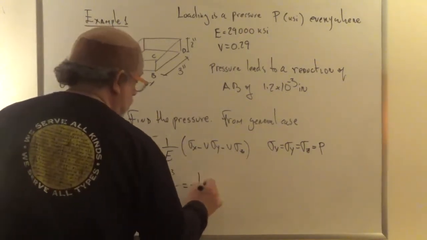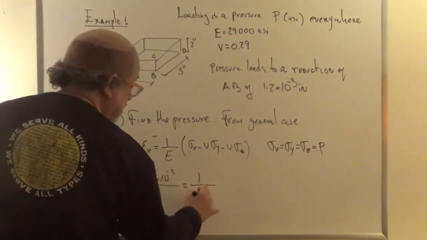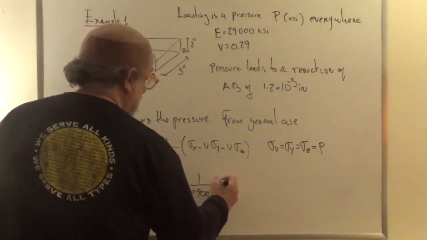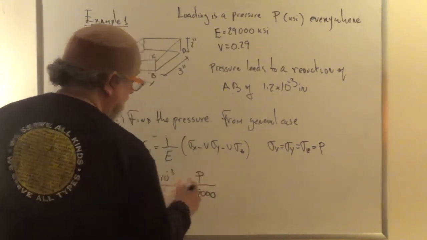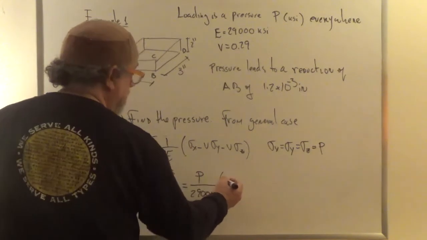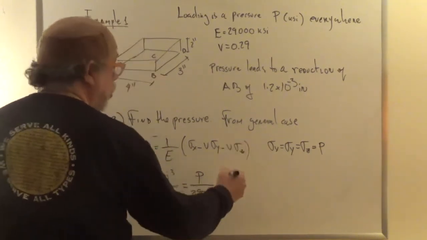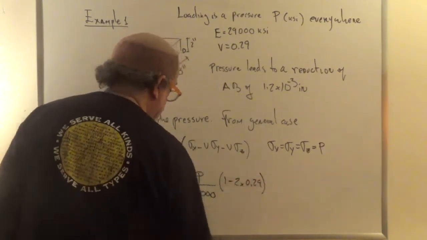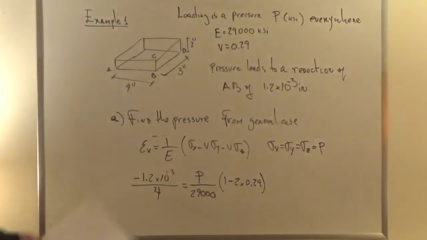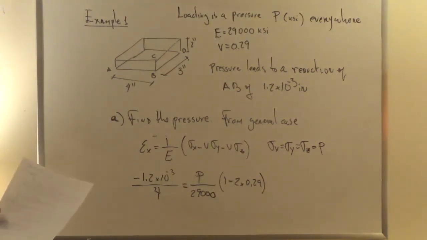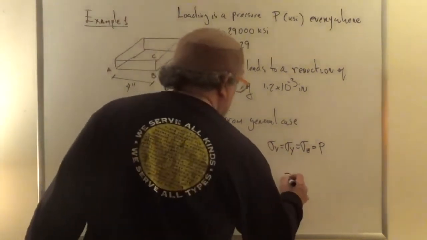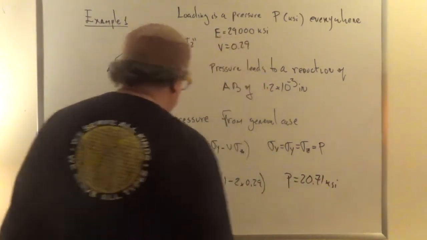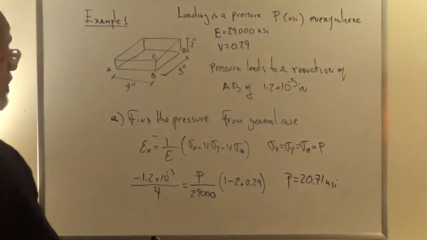And that's going to be 1 divided by 29,000, times the pressure, which goes outside, times 1 minus 2 nu, and that would be 2 times 0.29, right? And so from that equation, we solve for P, and it turns out that P is 20.71 ksi. Negative, which means compression.